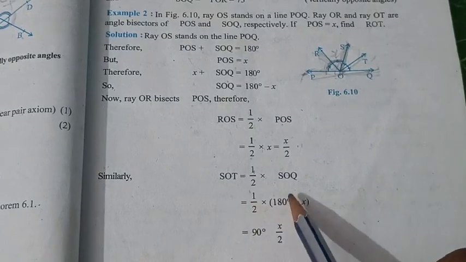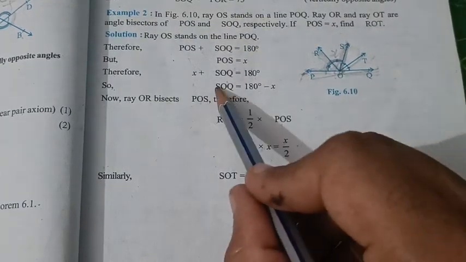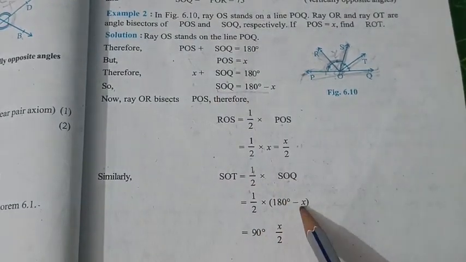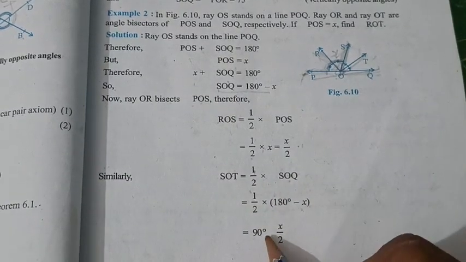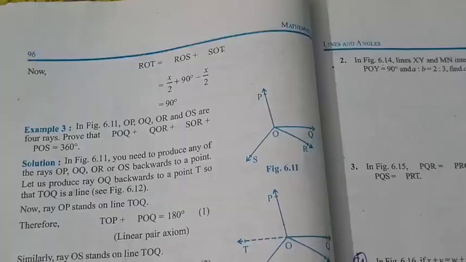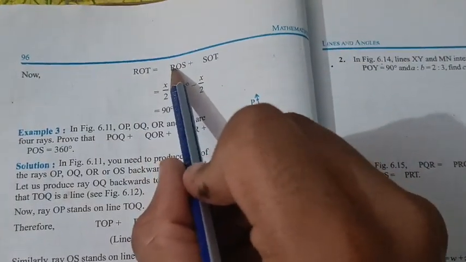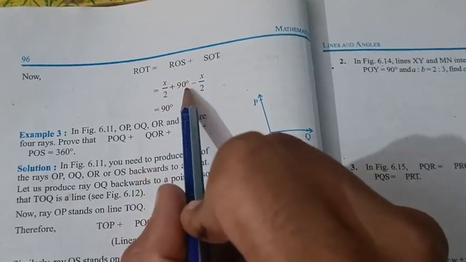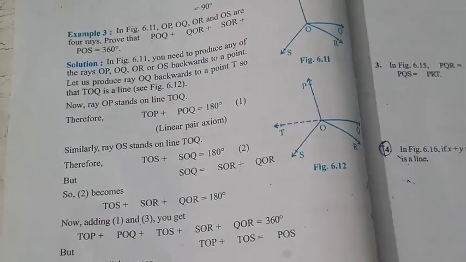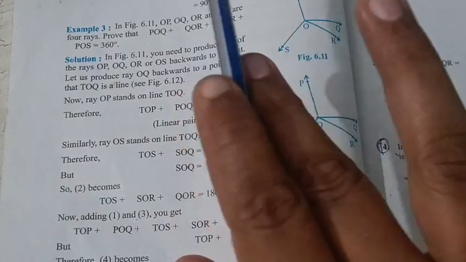What is the value of SOQ? The value of SOQ is 180 degrees minus x. So we put both and we get 90 minus x by 2. Now you know ROT is equal to ROS plus SOT. By adding both we get only 90 degrees. This is an easy example.